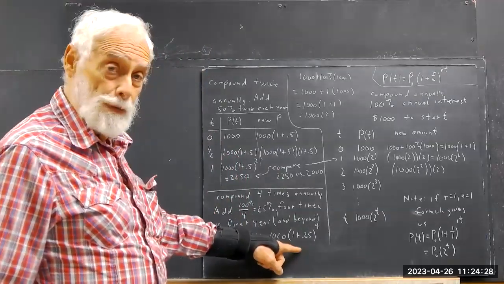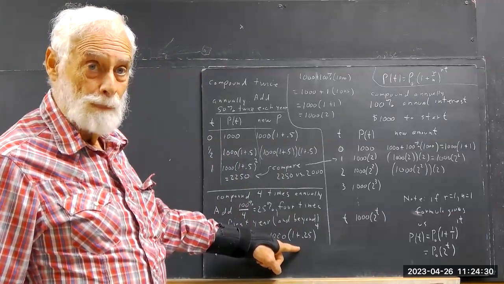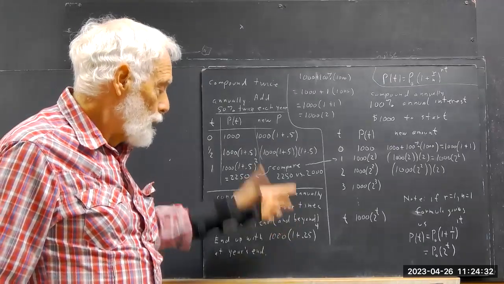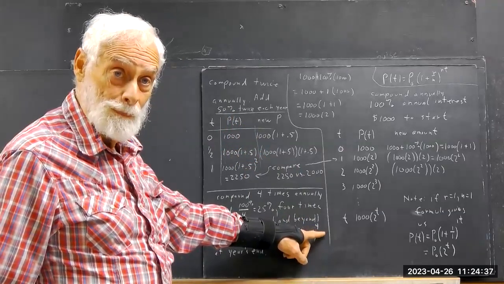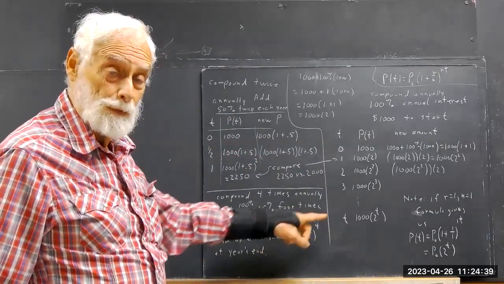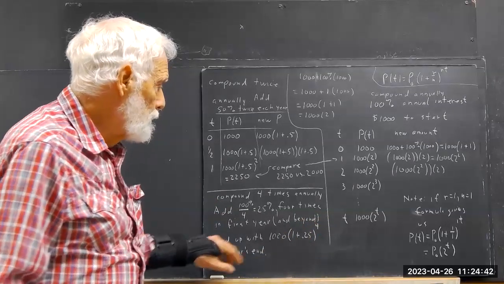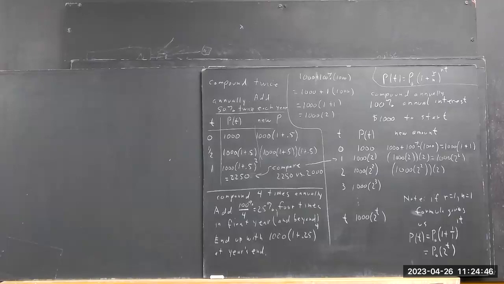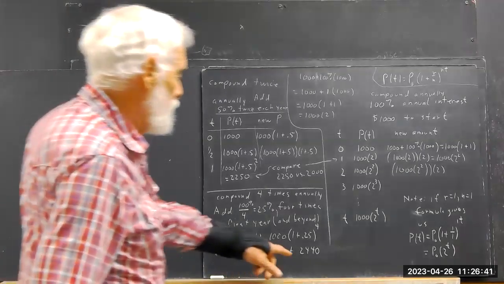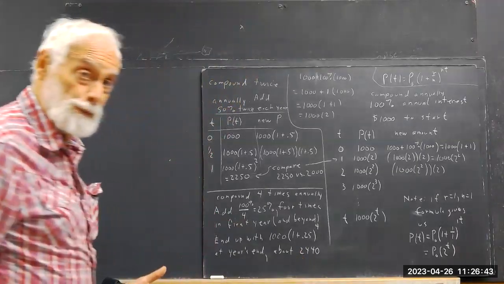We can understand, I think, perfectly well why that would be. Well, a multiplier for 1 year would be 1 plus 0.25 to the 4th power, because we're adding 25% 4 times in a year. So take a calculator and calculate that. I can do a binomial expansion, but I'd mess it up. All right, well, at year's end, then we have about $2,440.